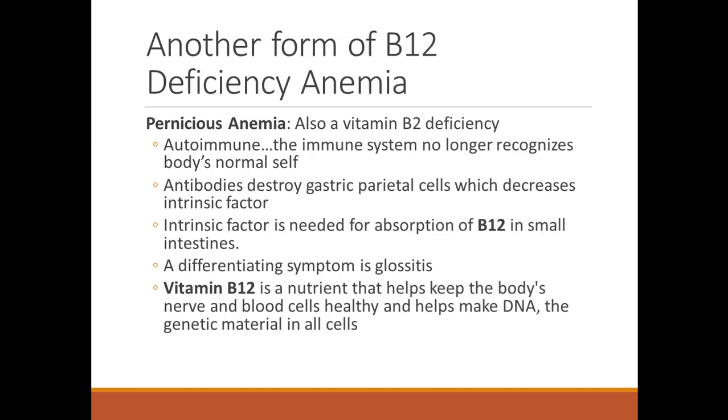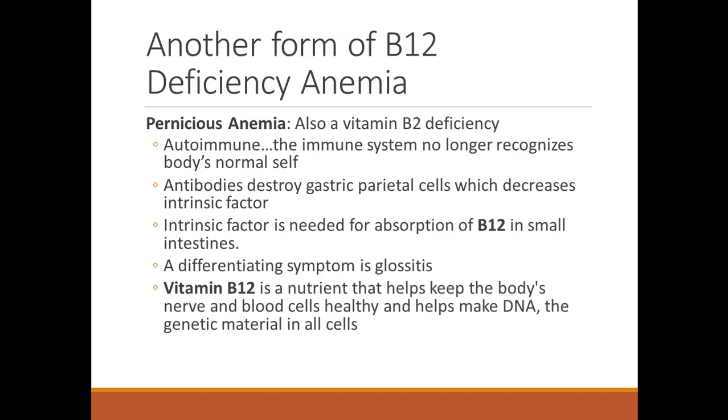Pernicious anemia, it says B2, but it's supposed to be B12. It's also B12 deficiency. Pernicious anemia is an autoimmune response. So the immune system is basically attacking itself, and it's not recognizing normal cells. It's seeing them as abnormal and fighting against them.